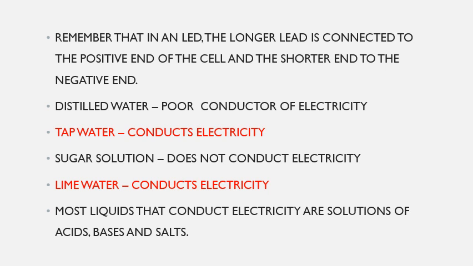Most liquids that conduct electricity are solutions of acids, bases, and salts. That is why you are always warned not to touch an electrical appliance with wet hands or while standing on a wet floor, because water is not pure but a solution of salts.